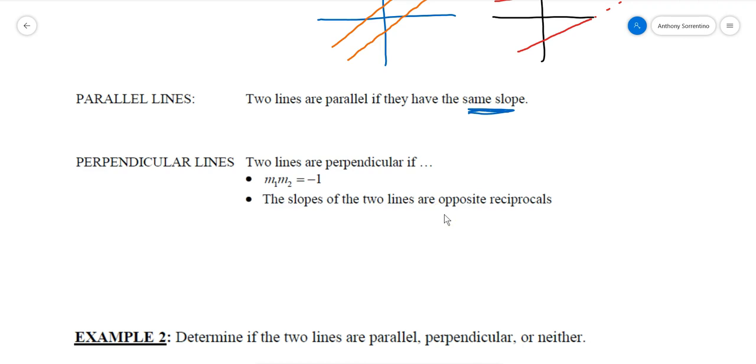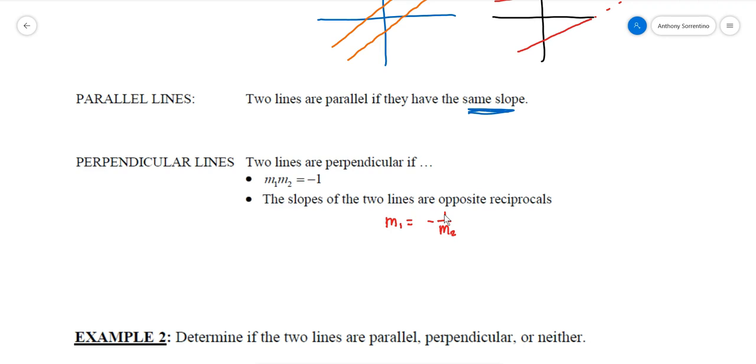Another way of saying it is that M1 equals -1 over M2, which means that if I compare the two slopes, there's a flipping around the fraction bar and a change of sign.